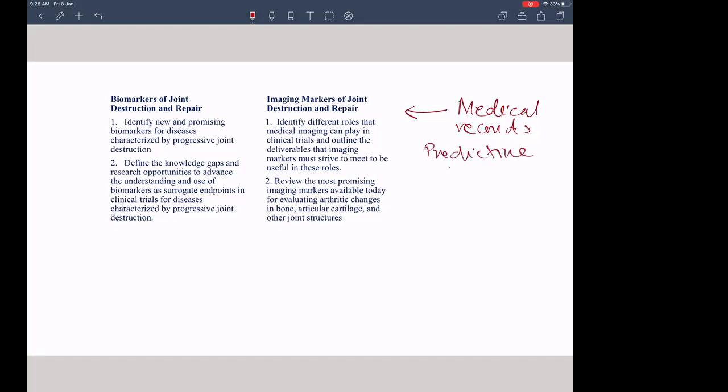This is important, because the predictive value, if the simplest of tests, for instance screening, can give you an idea, there is no need to go for the most expensive, complicated radiological things. One can think about those things. So define the knowledge gaps.